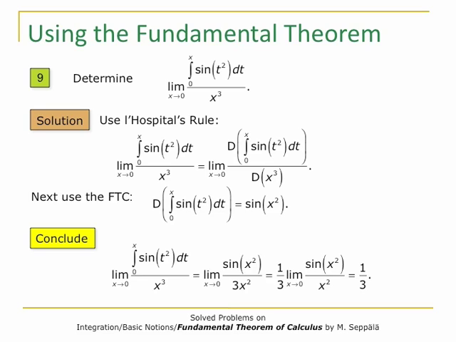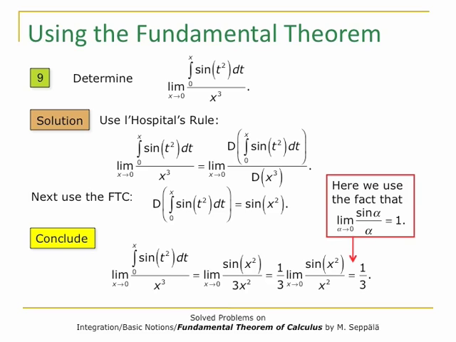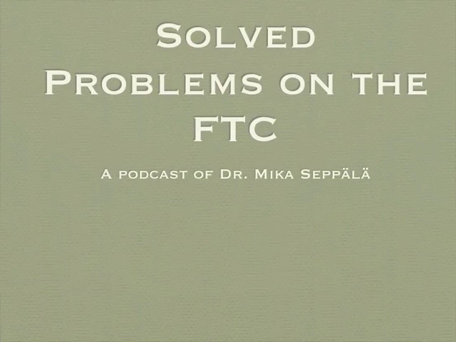That is 1/3 of the limit as x goes to 0 of sine of x squared divided by x squared, and this is 1/3 because the limit of sine of alpha divided by alpha as alpha goes to 0 is 1, and you may plug in here alpha equals x squared to conclude that the limit of sine of x squared divided by x squared as x goes to 0 is 1. Therefore, the limit that we needed to compute is 1/3.